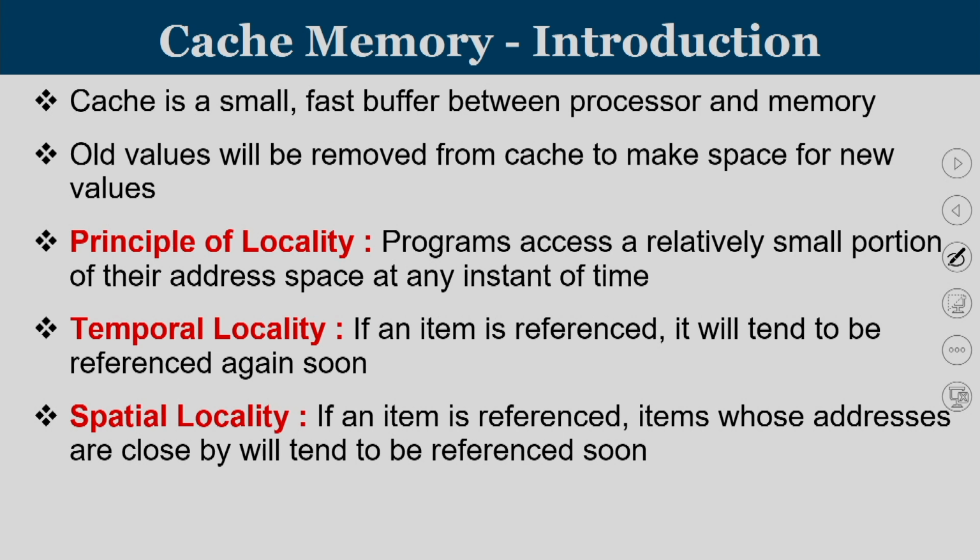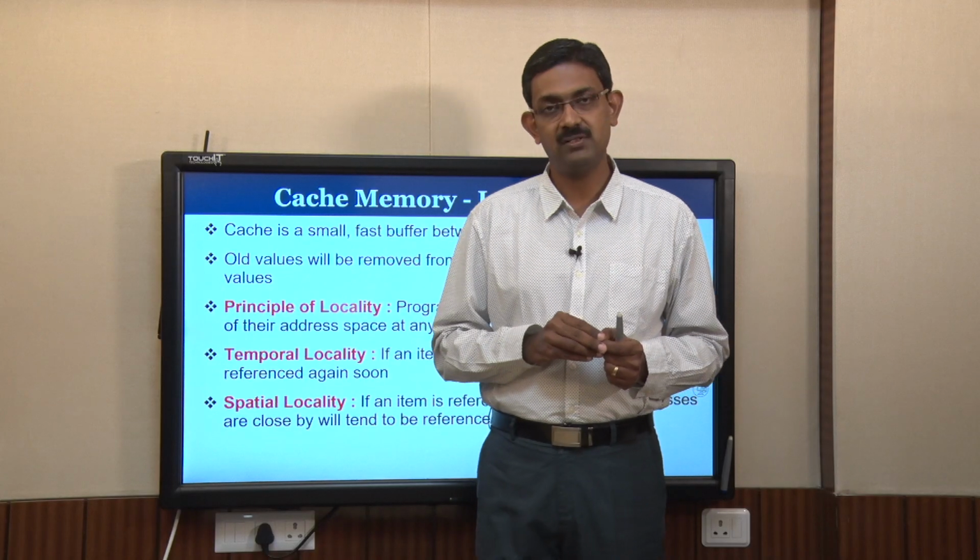Now, we will try to see in what way these two concepts are used in the implementation of cache memories. When the CPU requests a word, its address is passed to the memory system. The memory system has to respond with the corresponding word the CPU has requested.